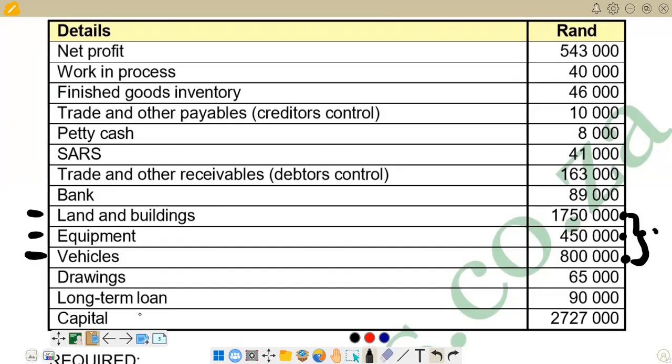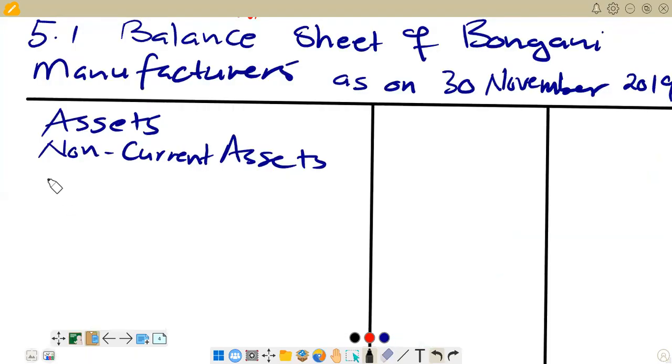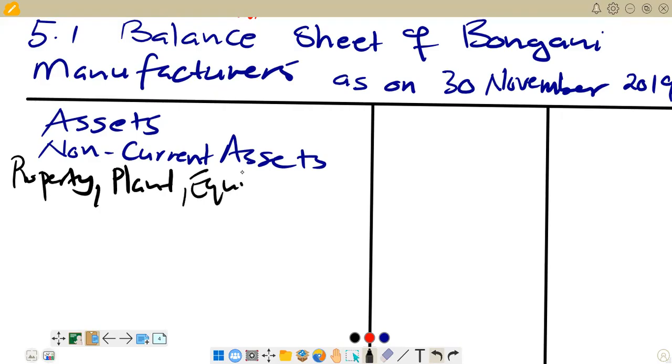So we come to the answer section now. We are going to describe them as property, plant, equipment, and vehicles.